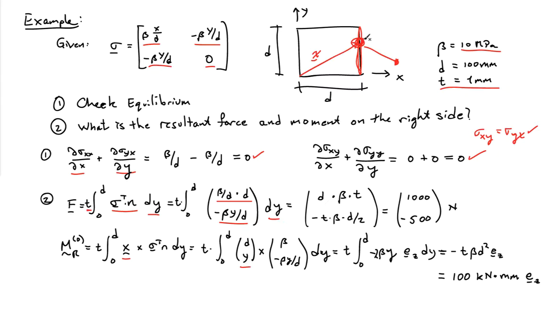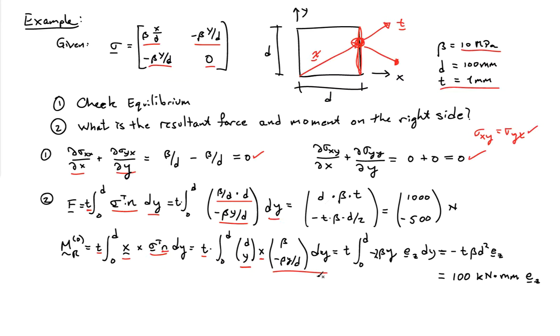And then there's a force per unit area acting over here, which is our traction vector, t, so that's sigma transpose n as a vector. And we have the thickness t, so there's two t's here. It's a little unfortunate in the notation I picked, but thickness, position vector, cross product, force per unit area is now going to be beta in the x component and minus beta y over d in the y component.